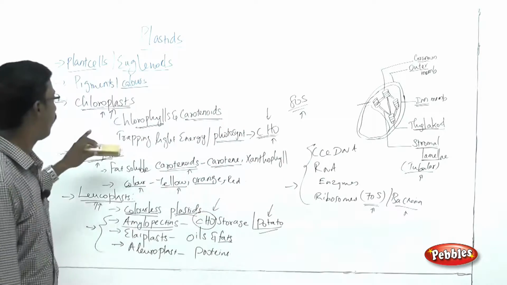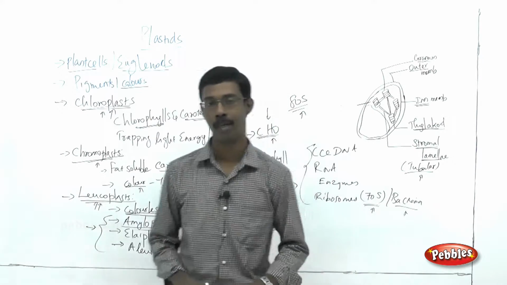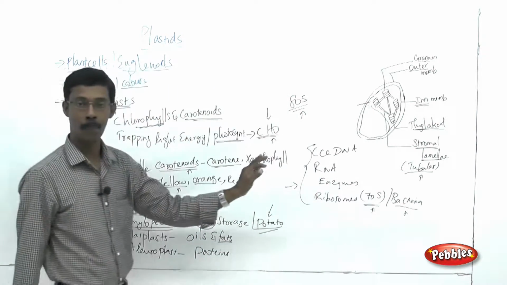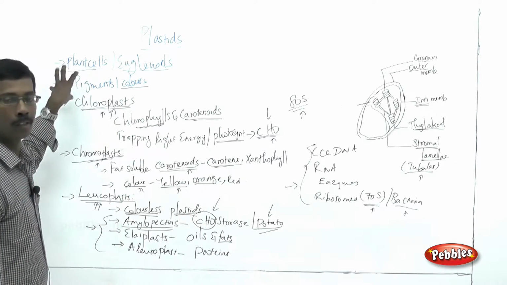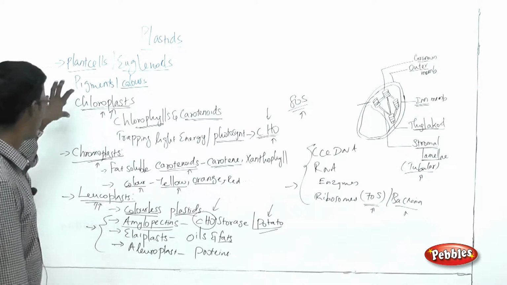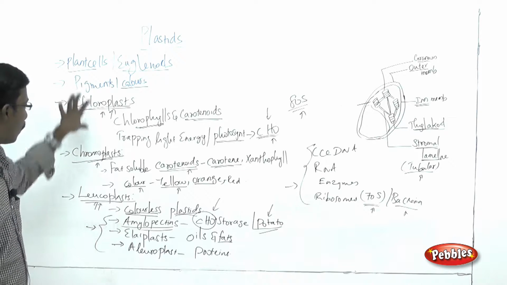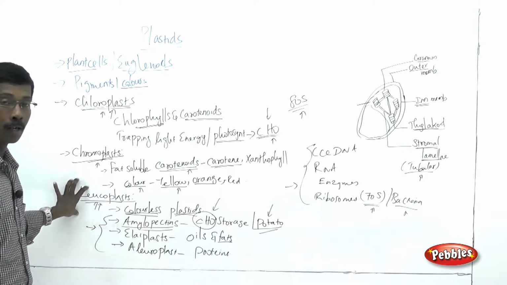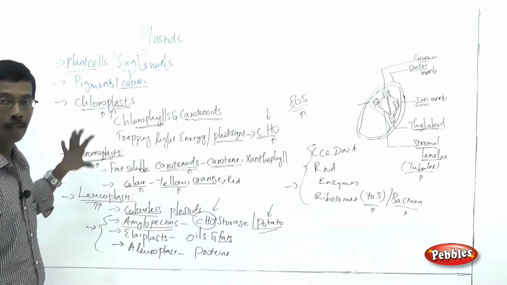The points you have to remember in the plastids: there are so many different types of plastids available. They are available only in plant cells and euglenoids. They normally possess pigments, providing the color for a particular part of the plant. The categories are the chloroplast, chromoplast and leucoplast. Among the three, the leucoplasts are colorless plastids, and the remaining two possess colored pigments.